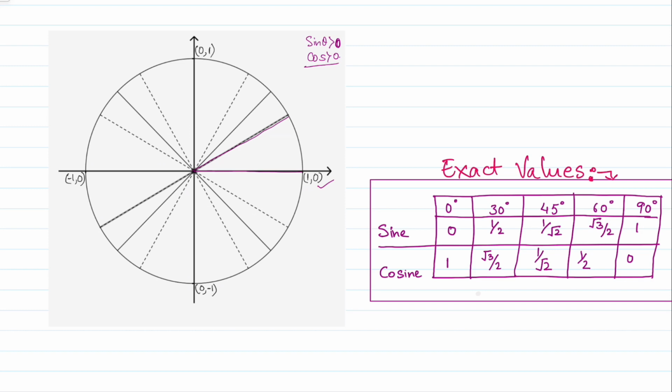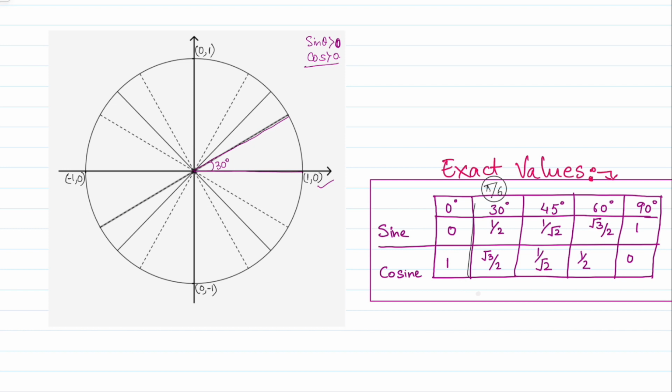The next angle here is 30 degrees, and in radians that angle is pi over 6. We can use radians or degrees, it doesn't matter.